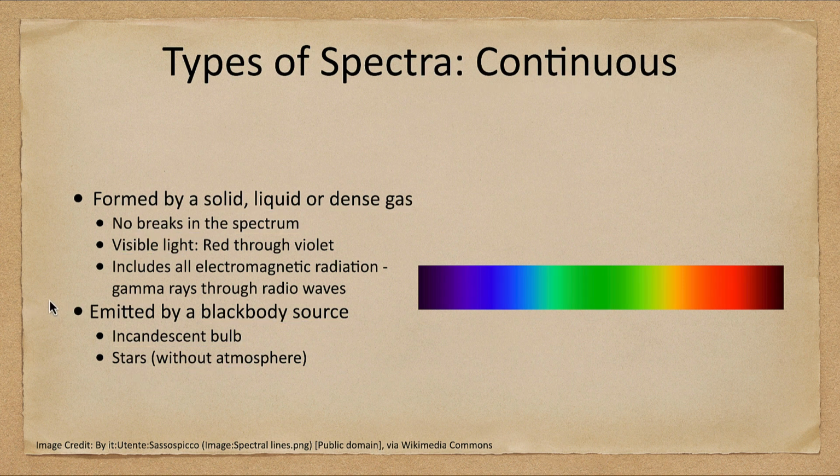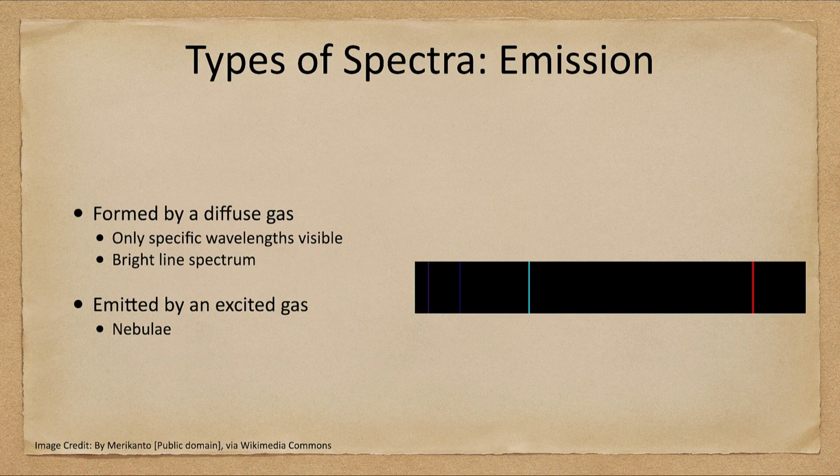Now, there's another type of spectrum we call the emission spectrum. And we see that here. An emission spectrum, or bright line spectrum, has only very specific lines that are visible. So instead of seeing the entire spectrum, we see only these very specific wavelengths. This is formed by a diffuse gas.